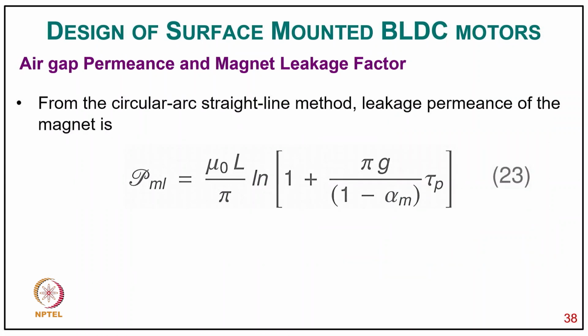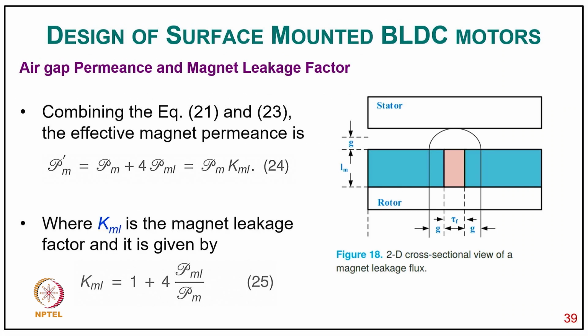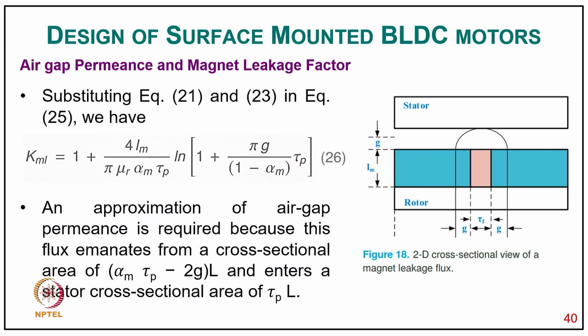So from the circular arc straight line method, the leakage permeance of the magnet is rho ml equal to mu 0 L upon pi into logarithmic in bracket 1 plus pi g upon 1 divided by alpha m into tau p. Combining this equation, the effective magnet permeance is rho m dash equal to rho m plus 4 rho ml, equal to rho m into kml, where kml is the magnetic leakage factor and is given by kml equal to 1 plus 4 into rho ml upon rho m.